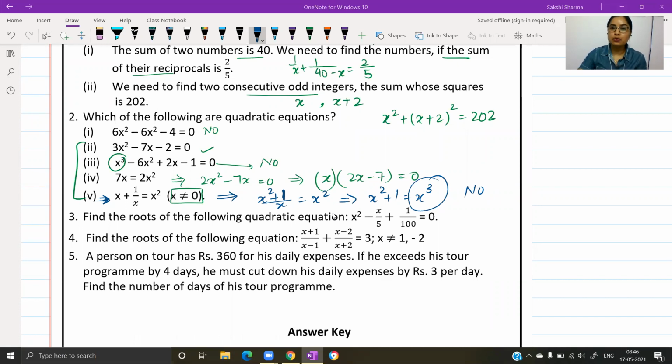और ये जो साथ में आपको दे देते हैं, x cannot be this value, x cannot take that value, उसकी importance ये होगी, either x is taking that value in the denominator, so they want to exclude that, कि denominator में 0 नहीं बनना चाहिए. So वो condition सिर्फ ये specify करेगी.